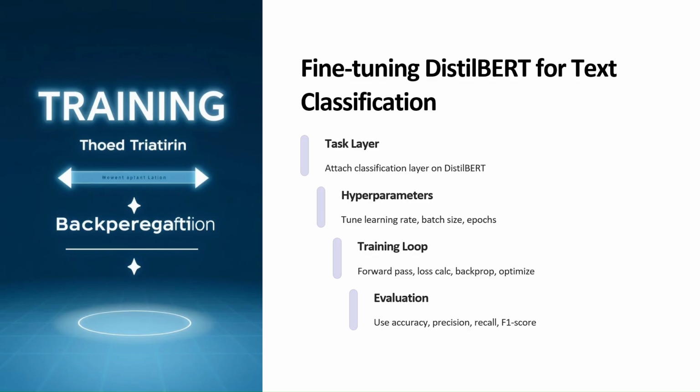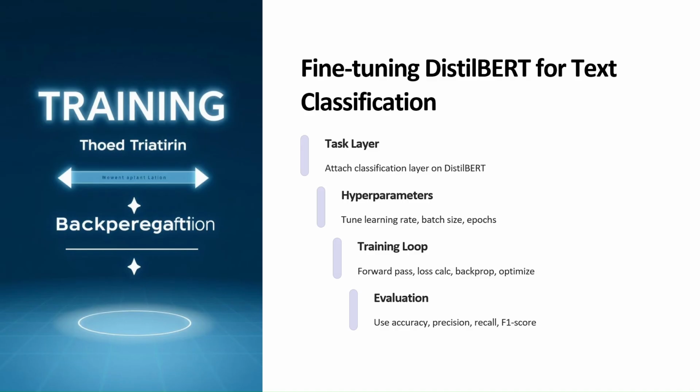Fine-tuning DistilBERT for text classification. These are the steps of text classification. First, the task layer: we attach a classification layer on DistilBERT. Then hyperparameters like tuning learning rate, batch size, and epochs. What are epochs?